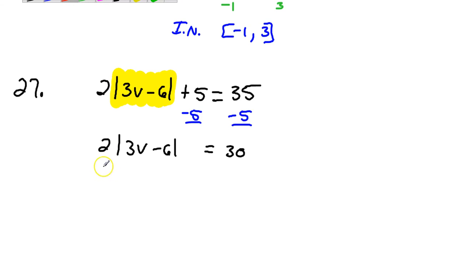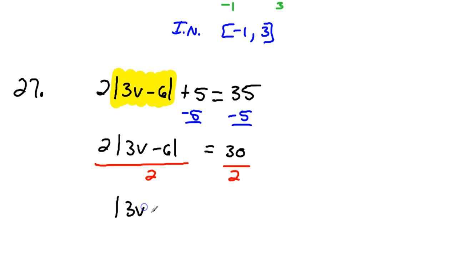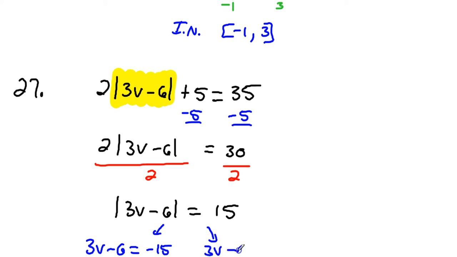And because it's 2 times this, then we'll go back and divide by 2. Okay, once you've got the absolute value by itself, that's where you want to stop and check that this thing is equal to a positive number, so we're good. And from here, we're going to split it up into 2 parts. 3v minus 6 would equal negative 15, and then 3v minus 6 would equal positive 15.